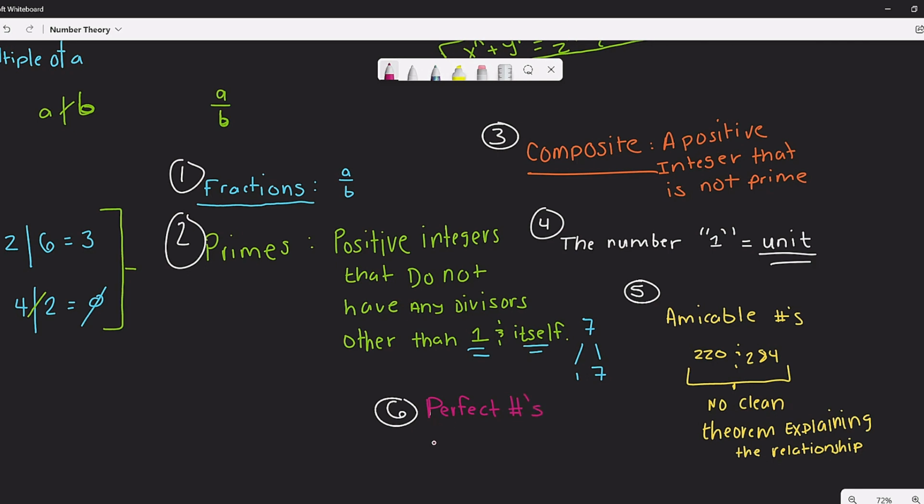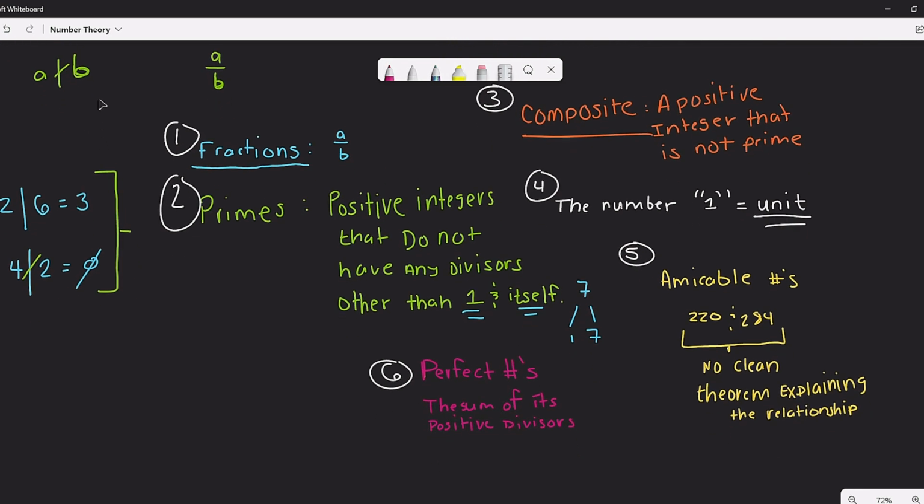Perfect numbers are the sum of their positive divisors. Meaning that a perfect number will be the sum of its positive divisors.